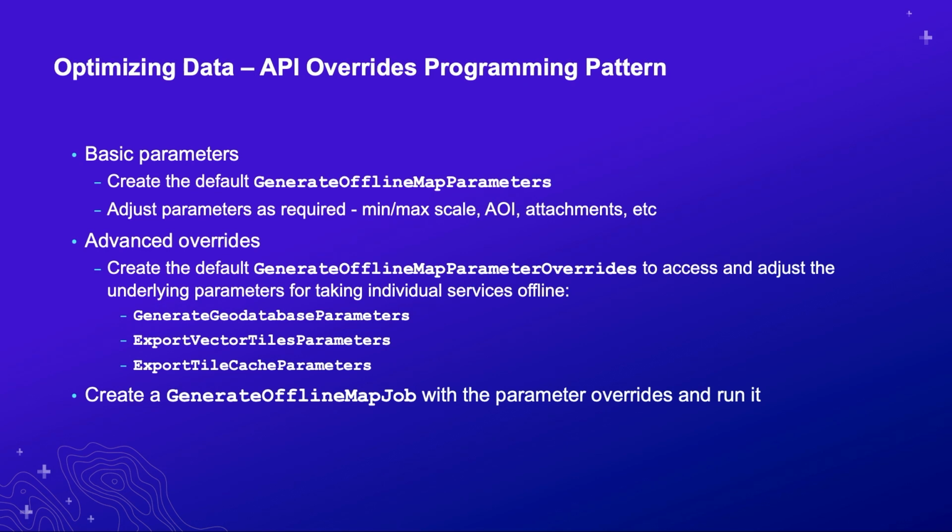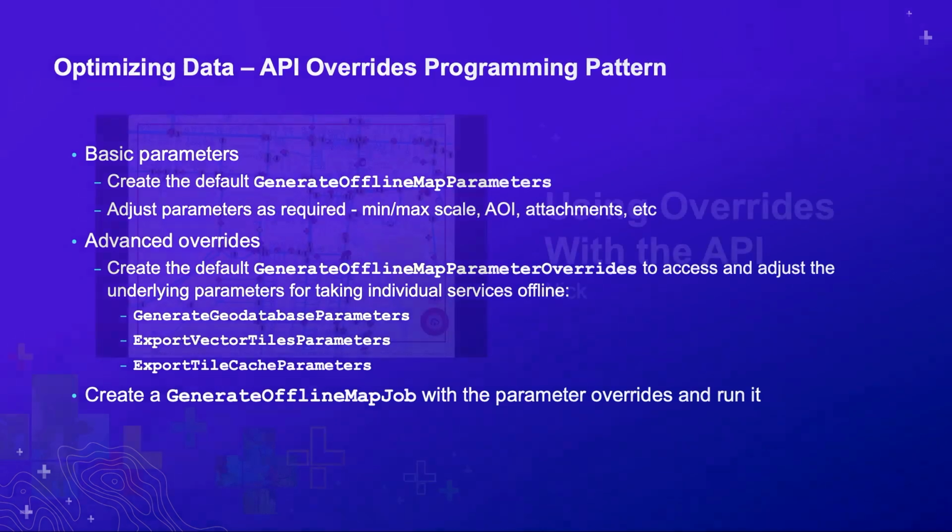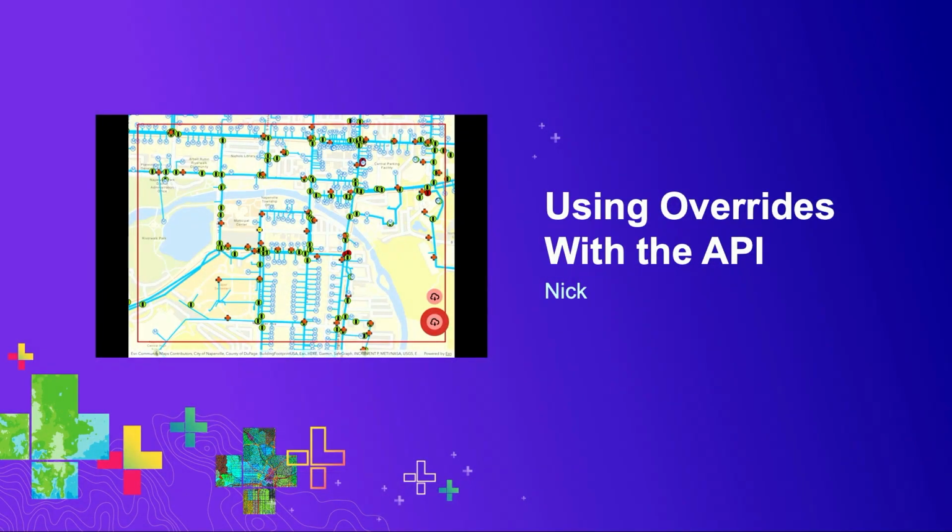And once you've got these parameters, you can tweak them and set them back into the process. You can create an offline map job, and that map job will honor all the settings that you've defined. So I think this is best seen in a demonstration, and we're going to hand it back to Nick for his last demonstration of the day.